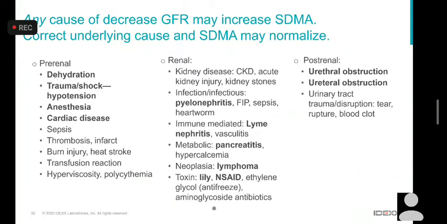There are so many underlying causes that may cause your GFR to be decreased. And I'm not going to read through the entire slide because you may want to start having wine then. But obviously you can have the pre-renal causes, renal and post-renal, just like we've been taught how to categorize azotemia.